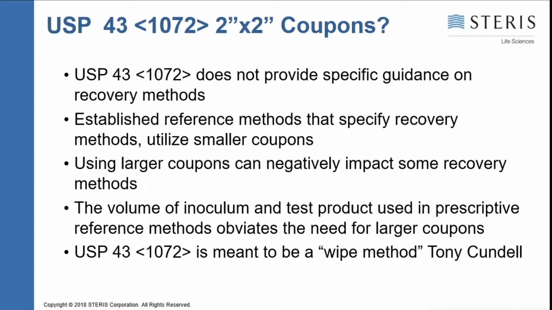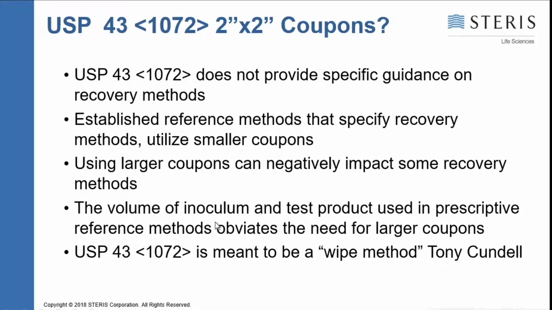So one of the big debates out there centers around the coupons. USP 1072 will tell you it doesn't provide real guidance on recovery method for the coupons, right? And then we know that by using these large coupons, you can have some negative impact on the recovery from them.